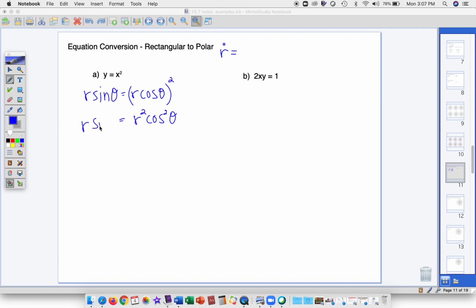Now, ordinarily, if we were solving algebraic equations, we always say don't divide by a variable. With polar equations, it's okay to do that. So I am going to divide by r, and I'm also going to divide by cosine squared theta.